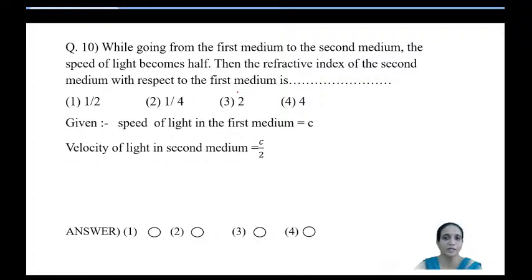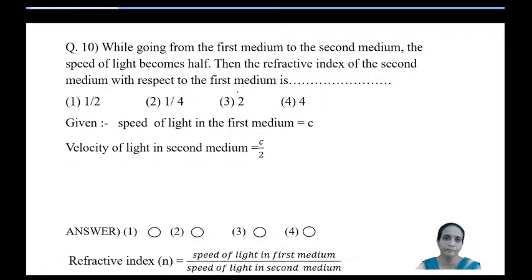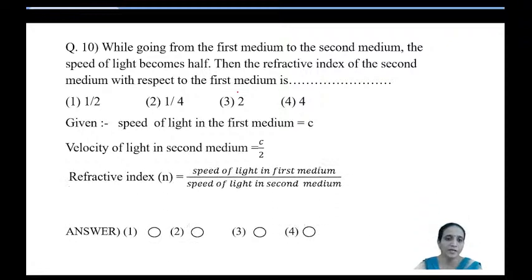You can assume it as c. Velocity of light in the second medium is half of that in the first medium. So c upon 2. And refractive index is equal to speed of light in the first medium upon speed of light in the second medium. We'll put these values in this and you get the answer as 2. So option number 3 is the correct answer.